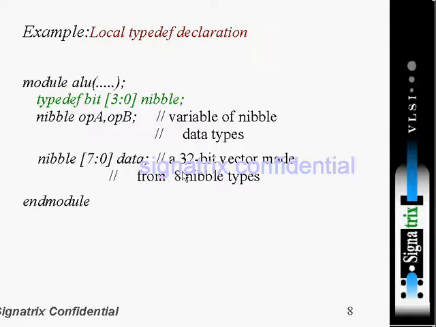So that is nothing but a 32-bit vector made from nibbles. We can say it that way also, total number of bits. So totally we have 4 into 8, 32. It's made up of 8 nibble types, right? Okay.